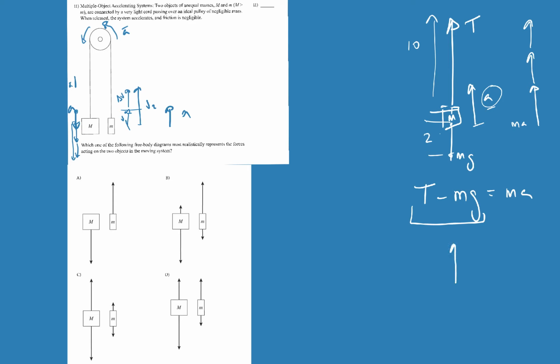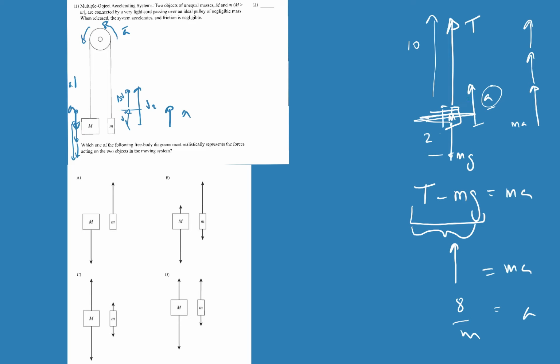This amount of force, 8, equals ma. So the acceleration will be the 8 newtons divided by the mass. But the key is to understand that there is more tension, more force going up than down, because the acceleration is going upward.